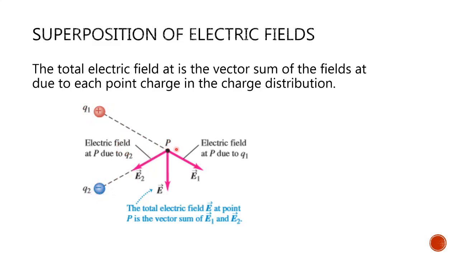This is E sub 2, the electric field caused by Q sub 2. We get the total electric field at point P by getting the resultant of E sub 1 and E sub 2. So we get the vector sum.